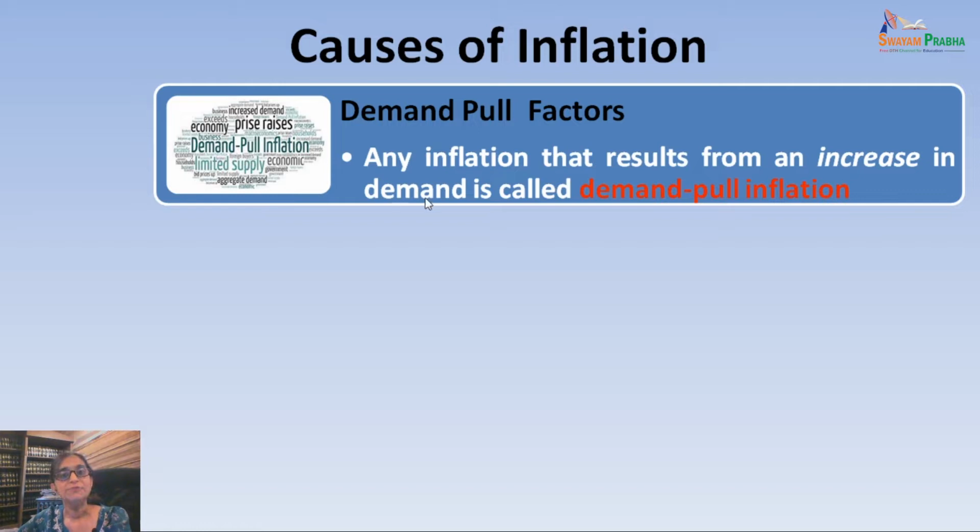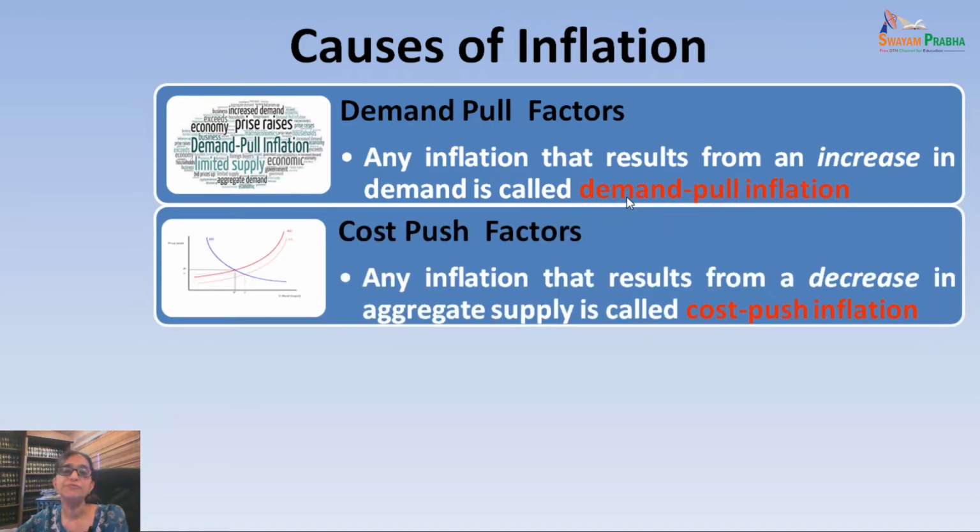We have seen that aggregate demand is composed of consumption expenditure, investments of the firms, government expenditure, and if it is an open economy, then there is a role of exports as well as imports. So any price rise which takes place because the demand has increased is termed as demand pull inflation.